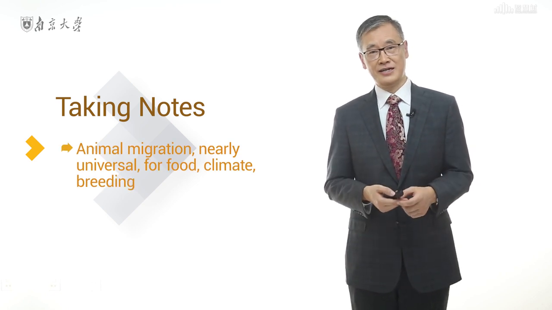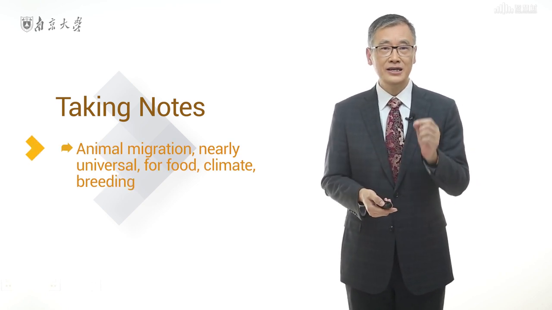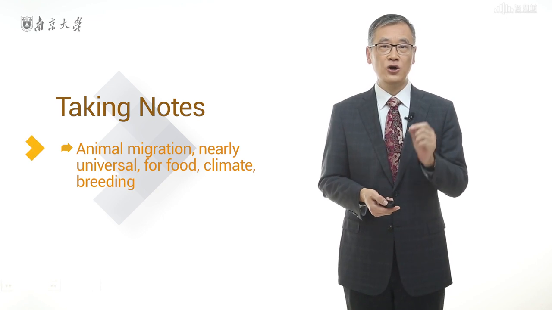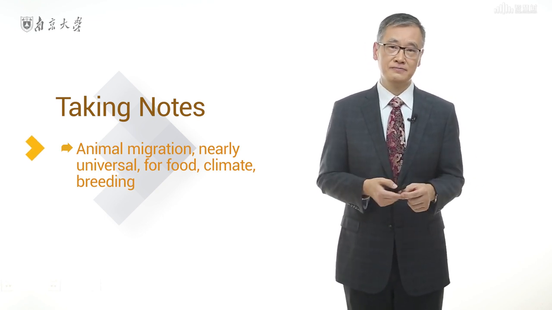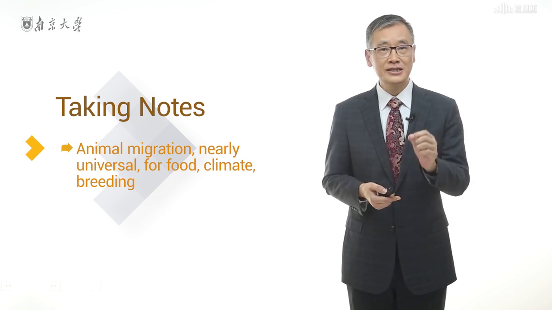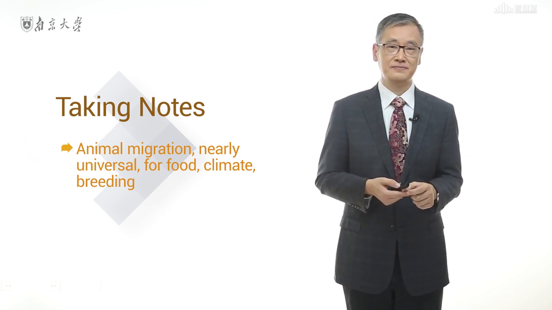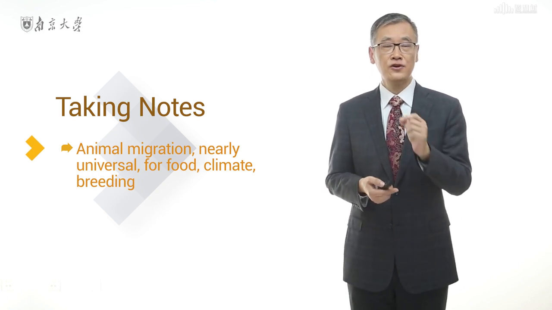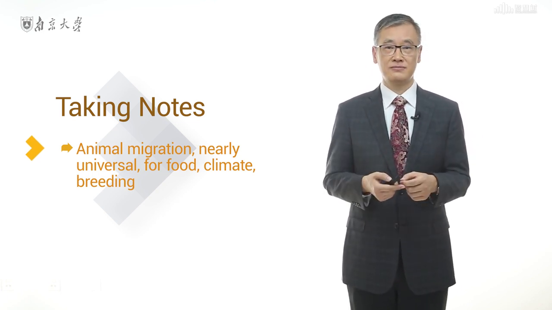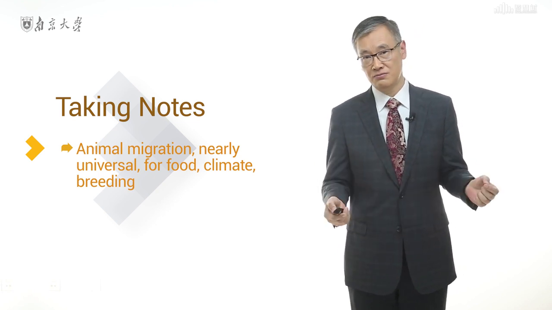At the beginning of the text, the author mainly introduces the fact that almost all animals migrate for different reasons. Therefore, you can put down these phrases: animal migration, nearly universal, for food, climate, breeding.